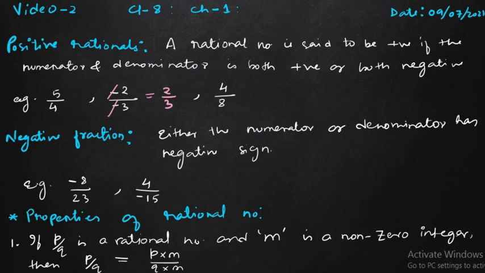Okay, so if we see an example, suppose we have 3 by 5. Suppose we multiply the numerator and denominator by a non-zero number, let it be 2. So our result will be 6 in the numerator and 10 in the denominator.